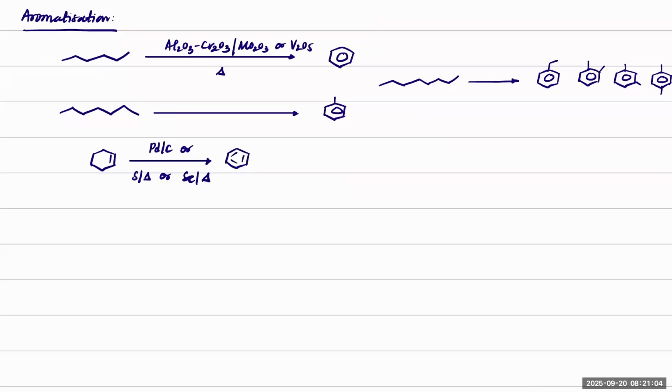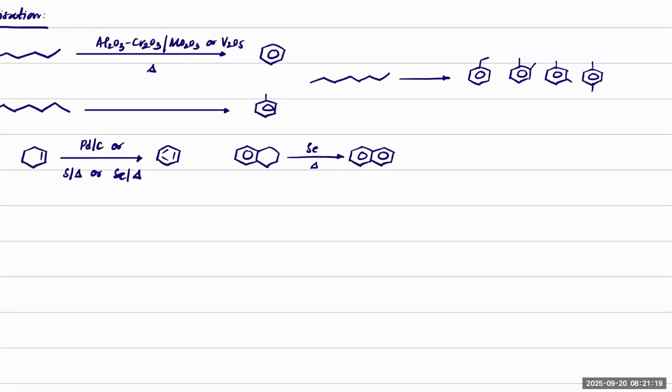Even if you have this kind and you say, let's say selenium and heat, it will convert into naphthalene like this. And even if you have nitrogen also like this, with sulfur and heat, it will convert into pyridine, which is aromatic.